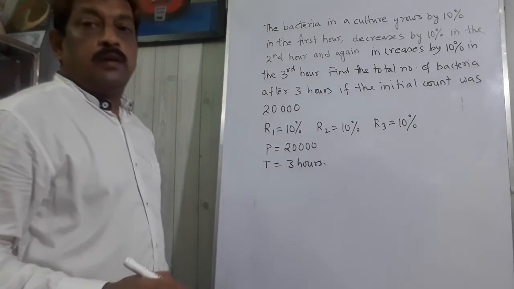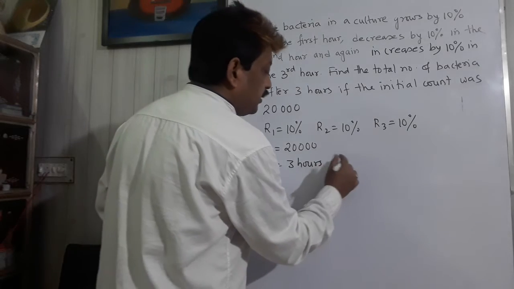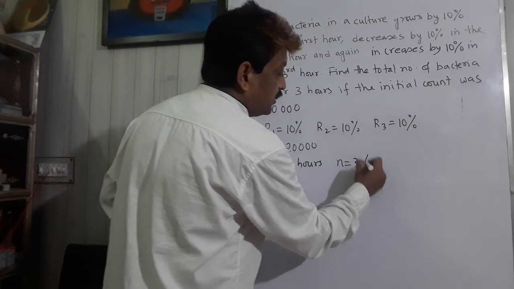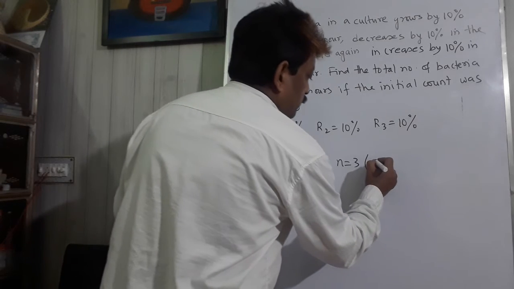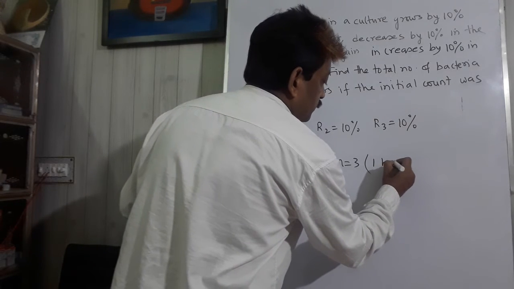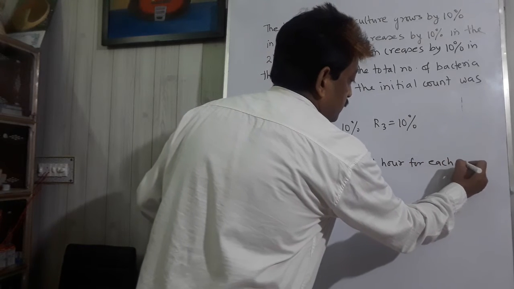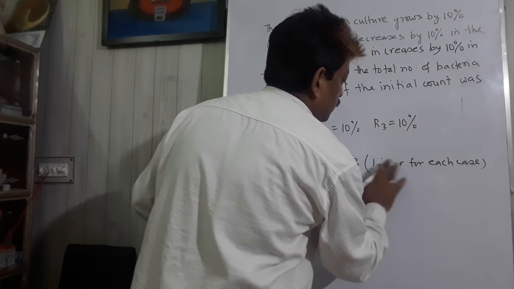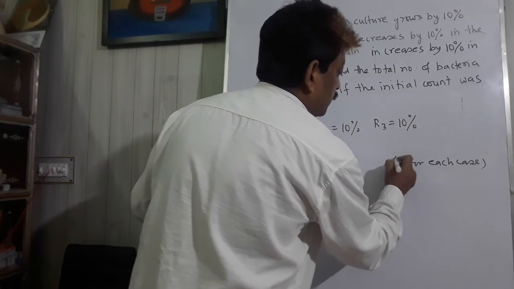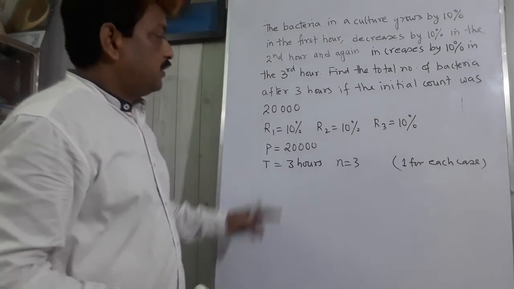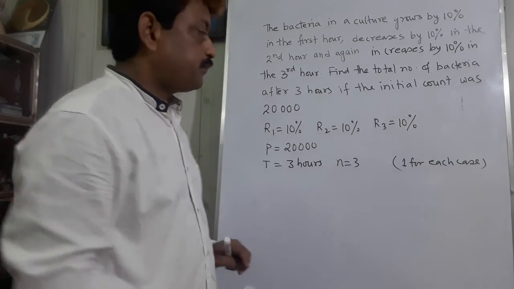Since it is an hourly case, n will be 3, but these 3 will be divided into 3 parts, that is 1 hour for each case. In each step I have to put n equals 1.